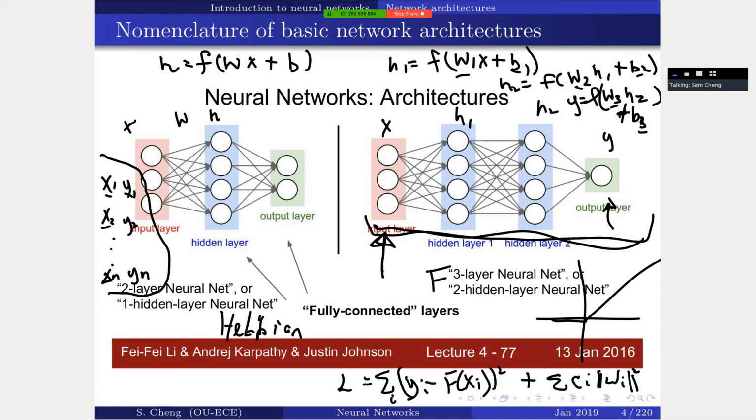But since we already set up this loss function here, a very obvious thing to do is change this weight here, change the model parameters, such that this is minimized, right? We showed several cases, for example linear regression and also SVM.